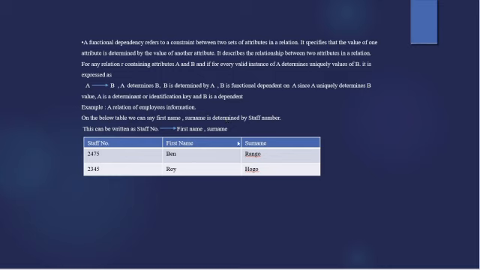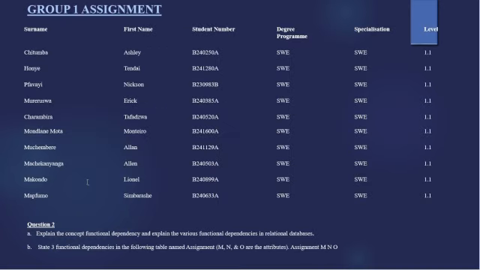We can put brackets over here to say that staff number determines the first name and the surname. So staff number is the determinant and first name and surname are the dependent, since first name and surname are determined by staff number. This is the first part of the question, which says explain the concept of functional dependence. Now we are done with the first part.